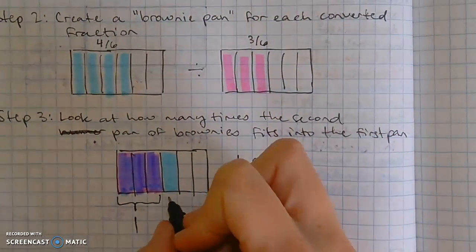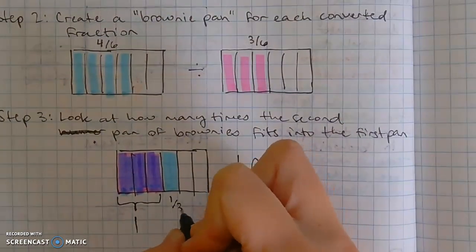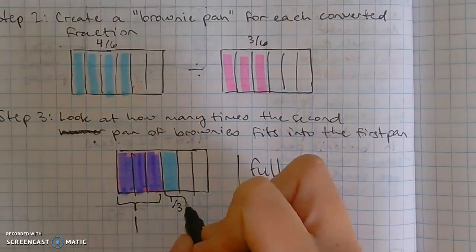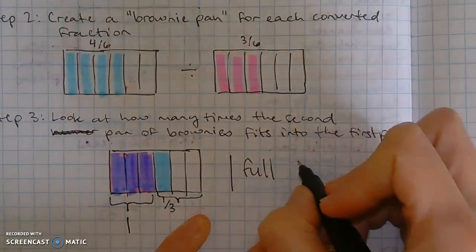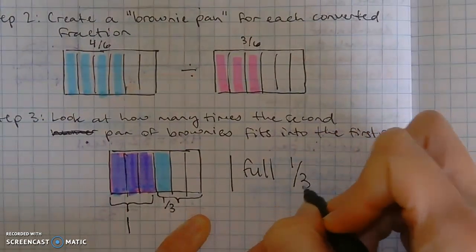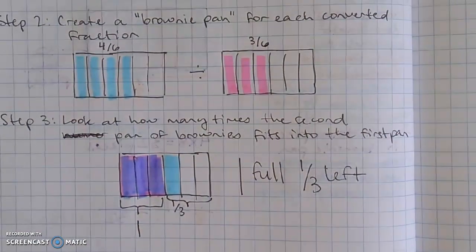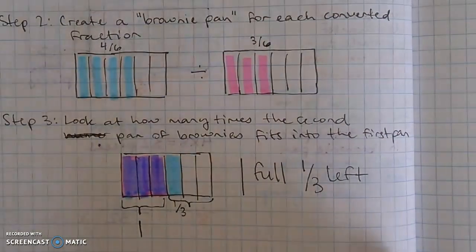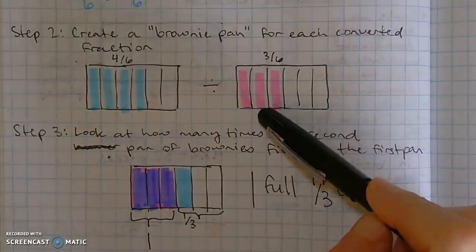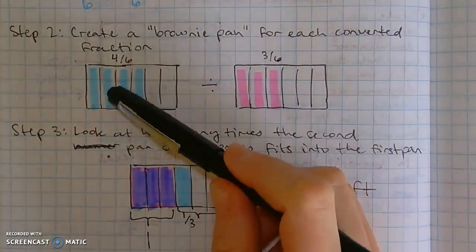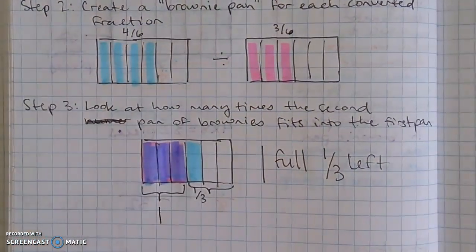And because I have just this little bit left, this is going to be 1/3, because this is 1/3 of what is left. So it goes in 1 full time and then I still have 1/3 left. Okay. So my original question was, how many times does this 3/6 go into 4/6? And it goes in 1 time, and then there's 1/3 left.